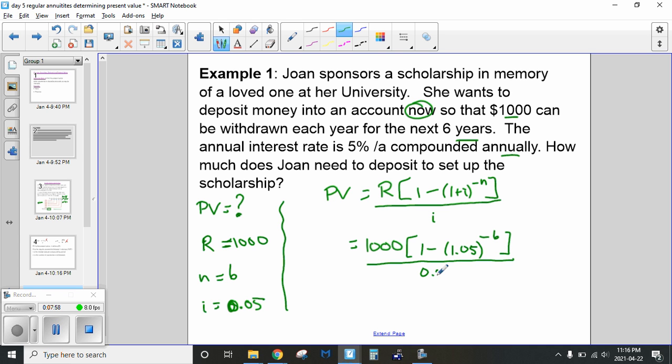The interest rate was 0.05. So this one we need to be careful with the calculator. I showed one question where I did the coefficients, like everything except the square bracket first, and I'd like to do that again. 1,000 divided by 0.05, that's 20,000.